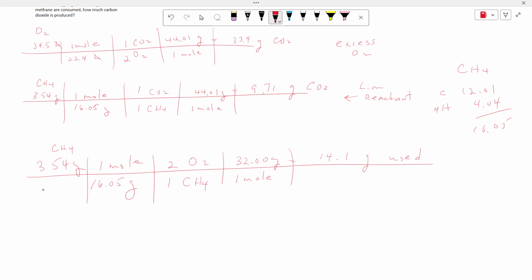Okay, so the last calculation, we start with, now see, here's a problem finding the excess. We're starting with 34.5 liters, and we're going to be using 14.1 grams.